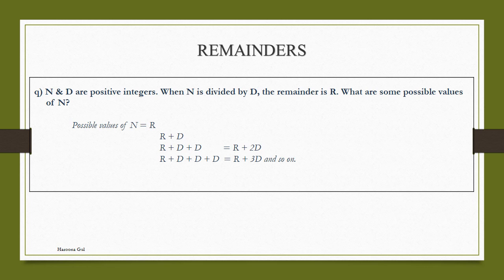It can be r plus 3 times d, which is 21 plus 5 is equal to 26, and so on. Now, the basic thing is to remember that the multiple of the divisor plus the remainder is going to give us n. And this is the concept behind remainders. You got it?